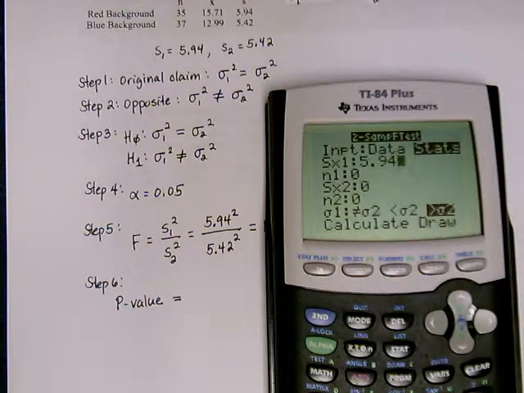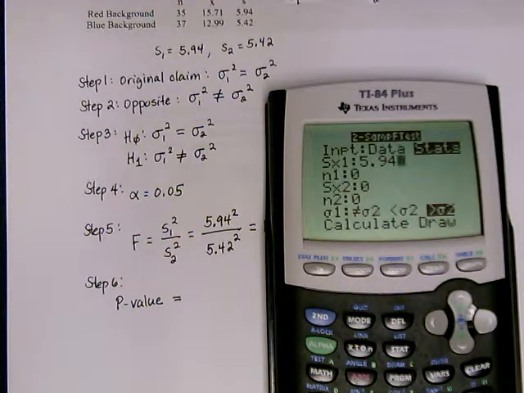For the graphing calculator, it doesn't matter which one you use, whether the 5.94 or the 5.42, because it will calculate the correct F value for you and the correct P value for you.